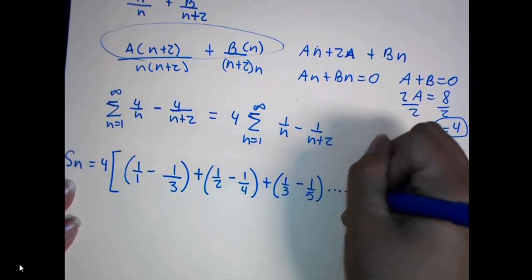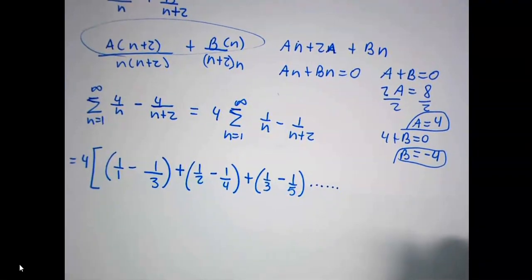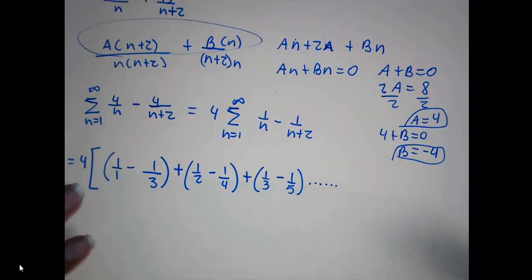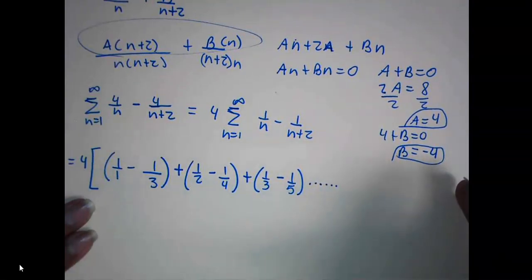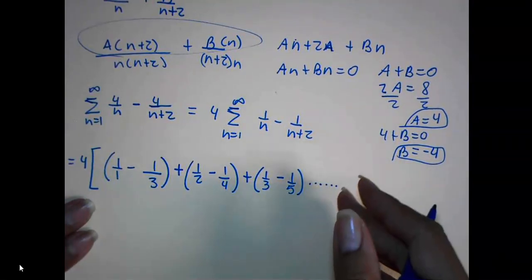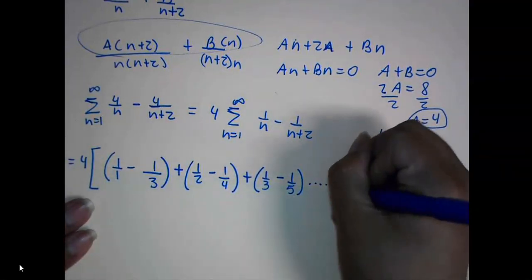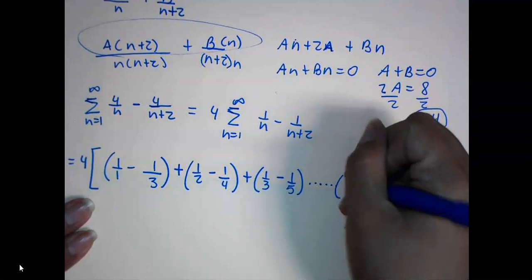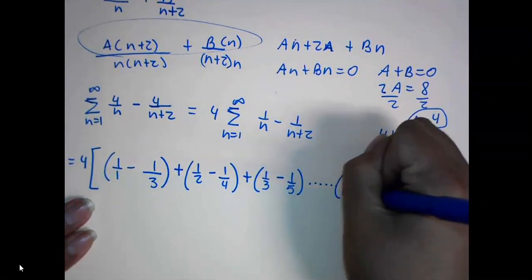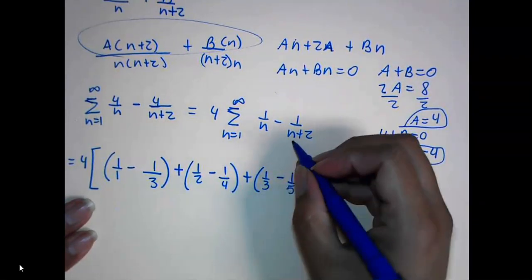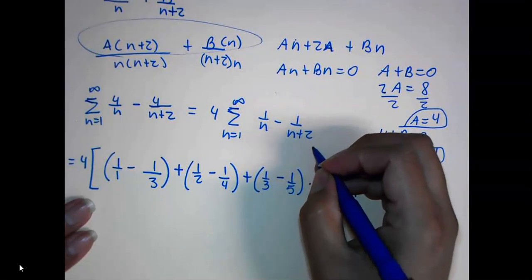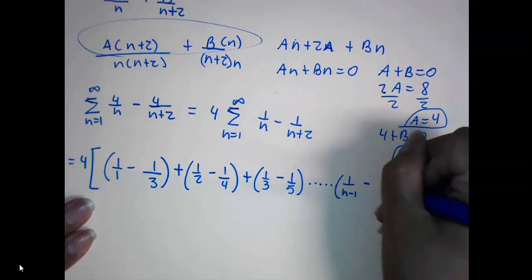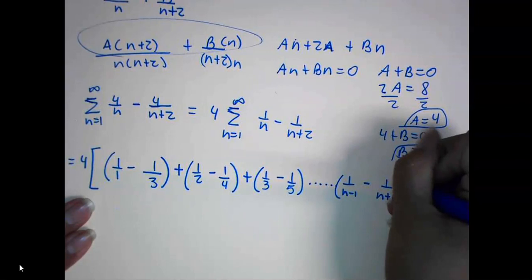And this is going to keep on going forever and ever. Remember that the last term will be n, so the one before that will be n minus 1. I'm going to plug n minus 1 into this one and see what happens. I'm going to have 1 over n minus 1 minus 1 over n minus 1 plus 2, which turns into 1 over n plus 1.